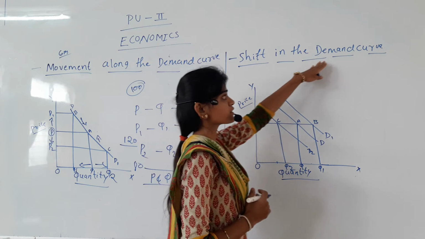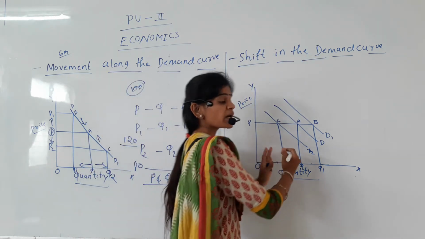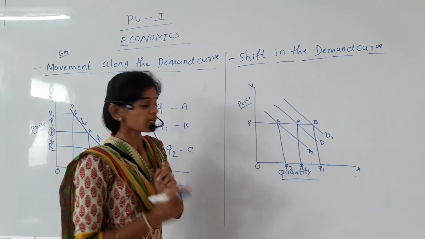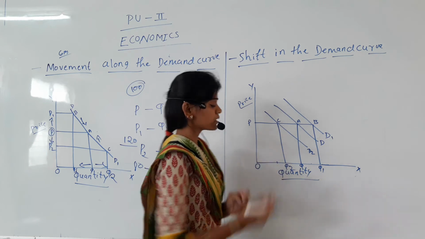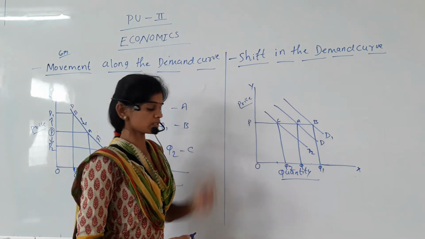In the case of a shift in the demand curve, the demand curve shifts in two ways, rightward and leftward. See here, quantity is on the x-axis and P is the price on the y-axis.